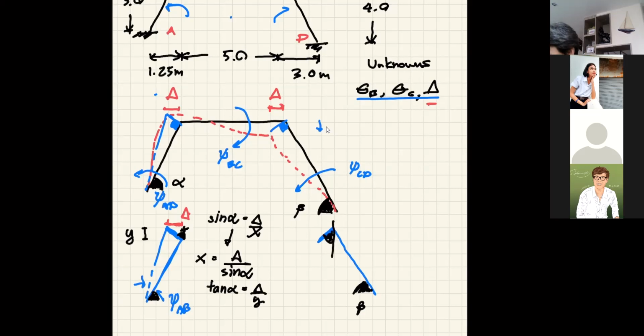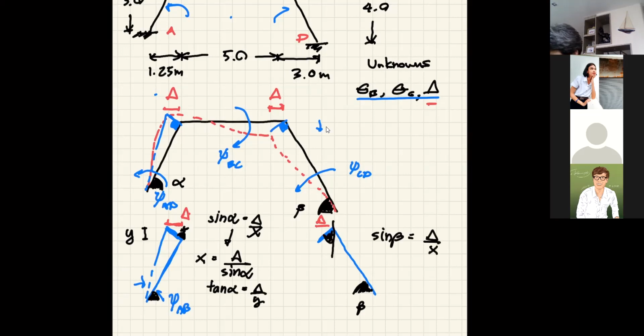And let's say if this is your delta, now you can identify that sine beta is equal to delta over x.